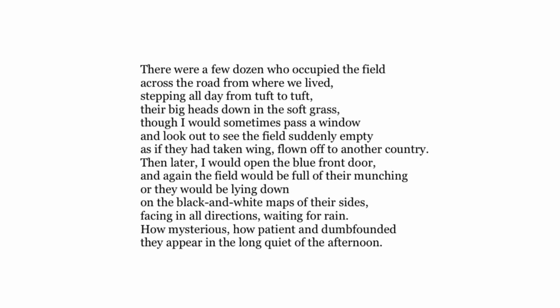One thing to note about that is that it's a relatively long opening sentence. So we go all the way from "there were" down to "country". The next one goes from "then later" to "rain".